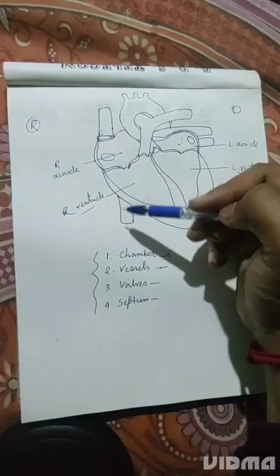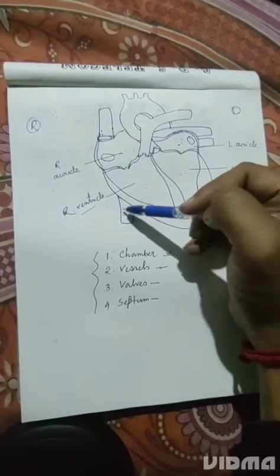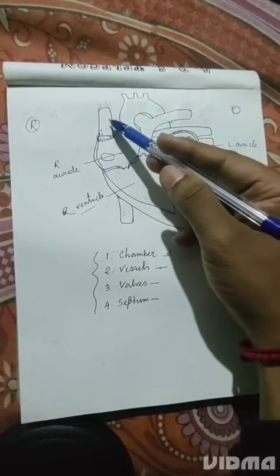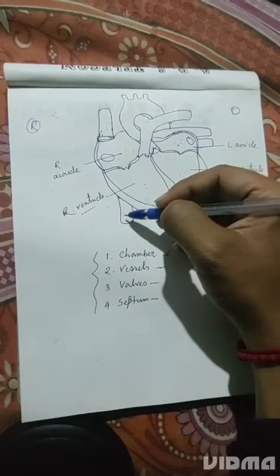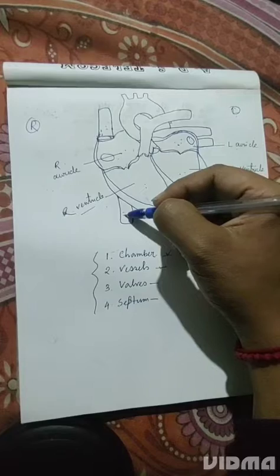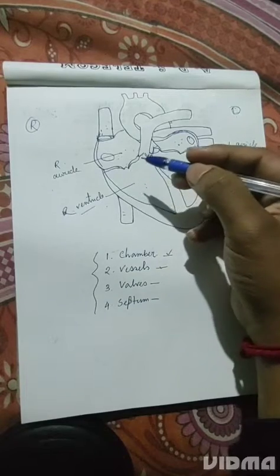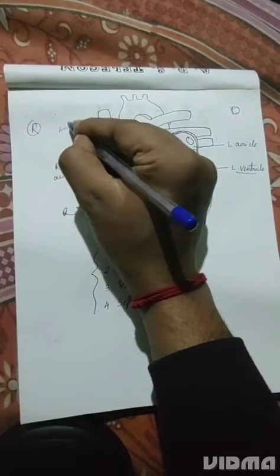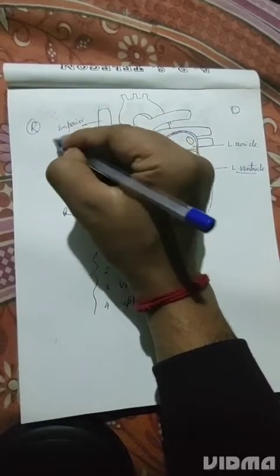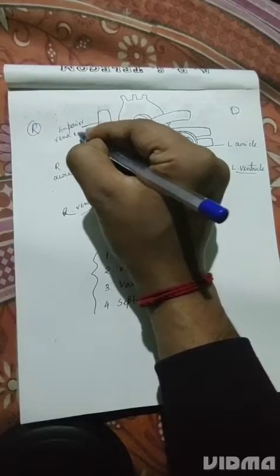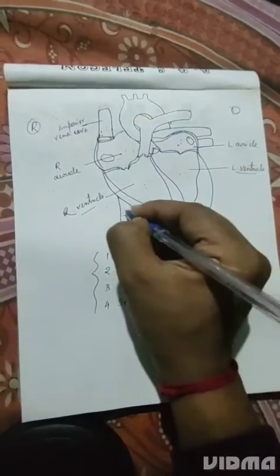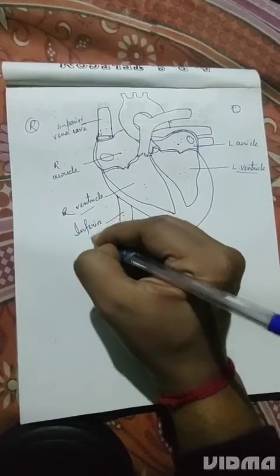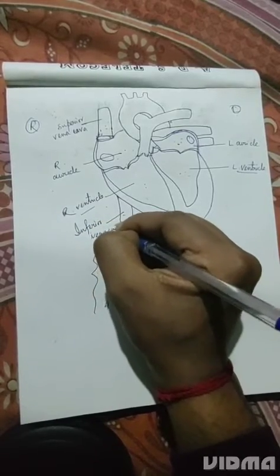First, the first two main vessels are upper and lower vena cava, the upper one is the superior vena cava, and this is called inferior vena cava.